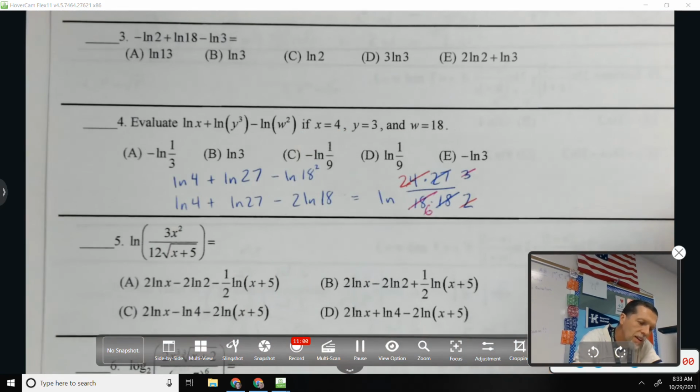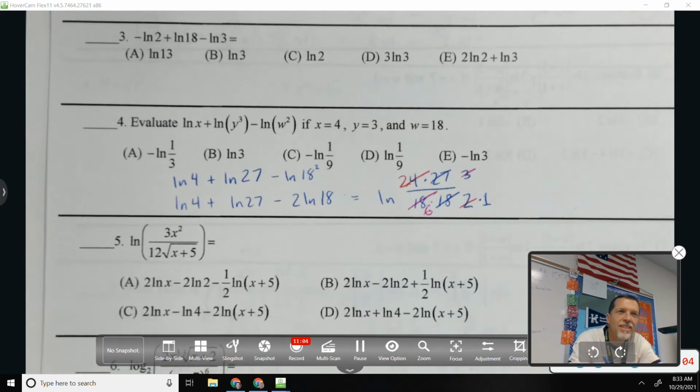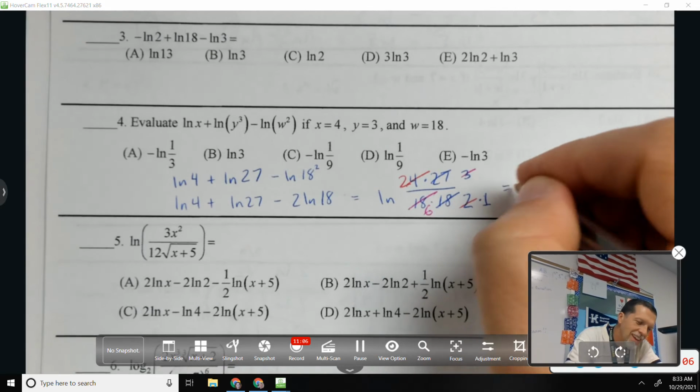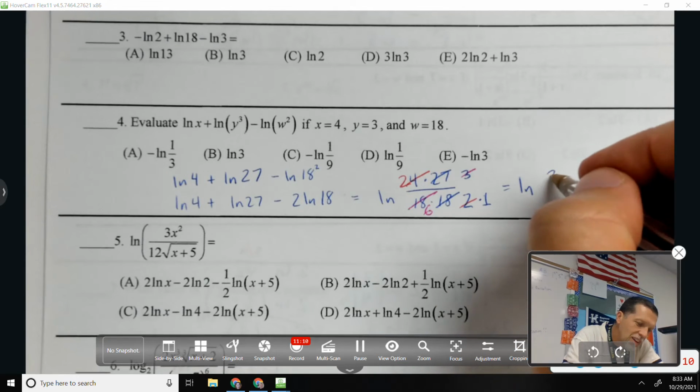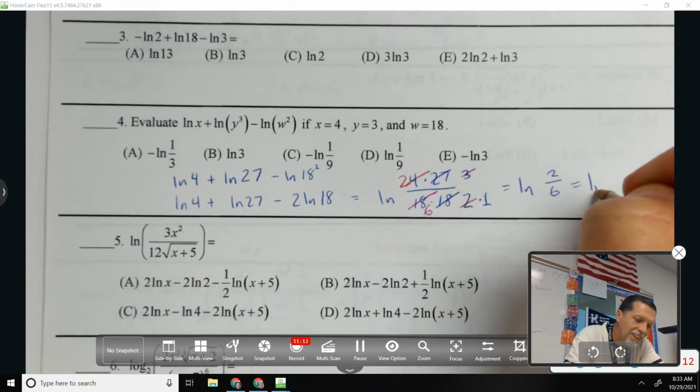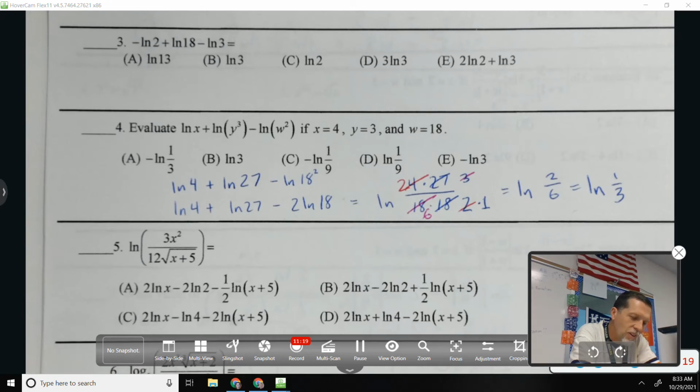You forgot to put the 1 next to it too. Yes, technically. So natural log of, let's see what's left, 2 over 6. Whoops, that'll go one more time. I forgot the 1 on the top too. That's fine. I don't see that answer.